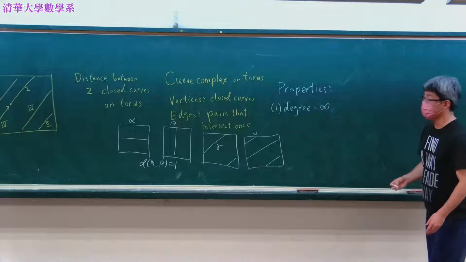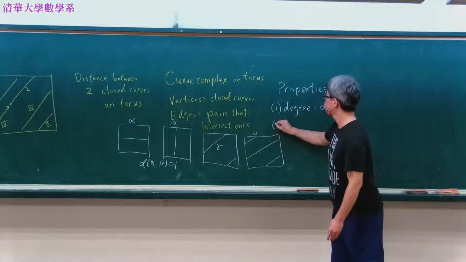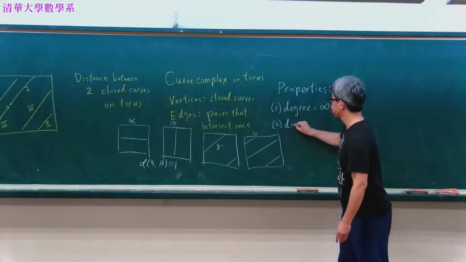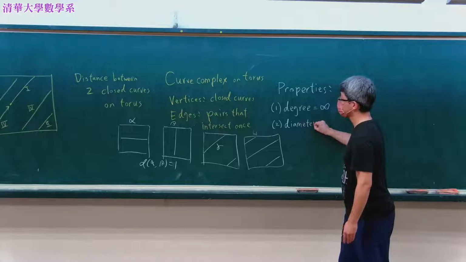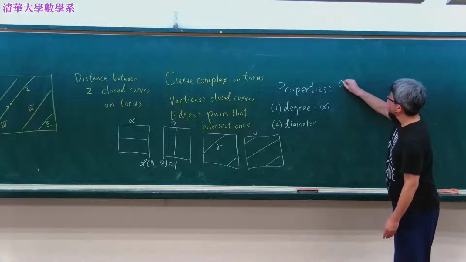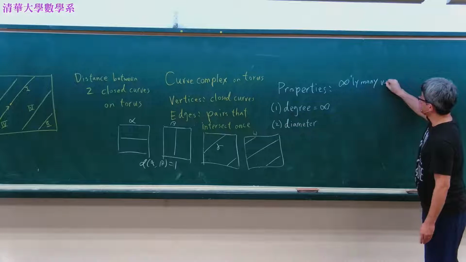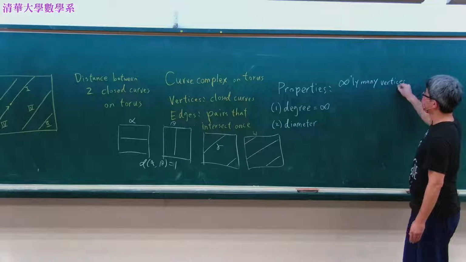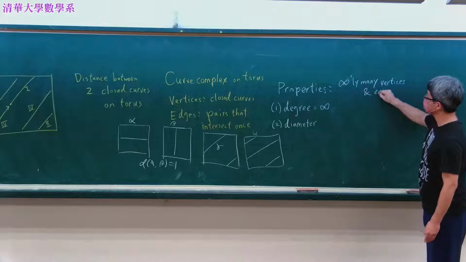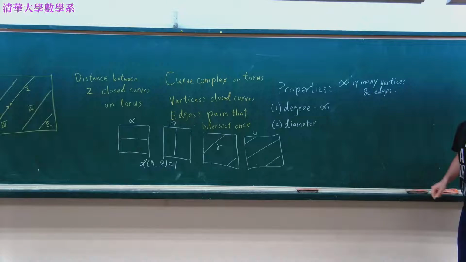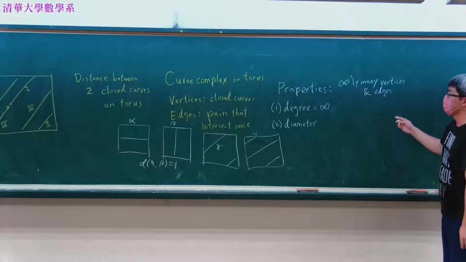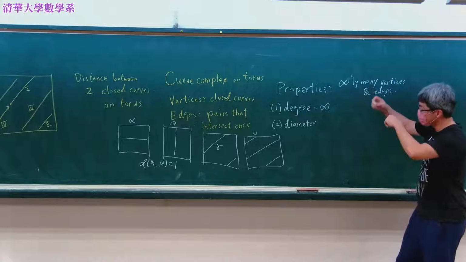So the degree at every point is infinity, but the diameter, I should also say there are infinitely many vertices and edges. This is something that typical graph theory people would have trouble with, because they don't really like graphs that have infinitely many vertices and edges, and every point has infinitely many edges coming to it.